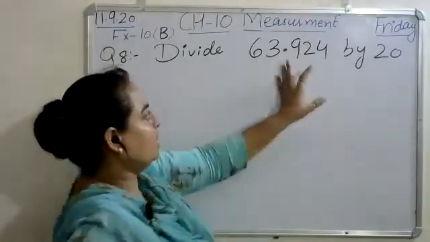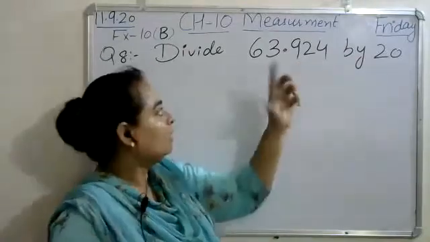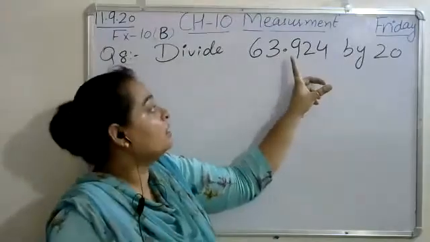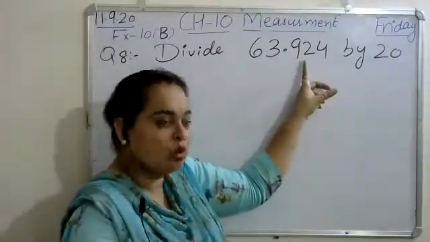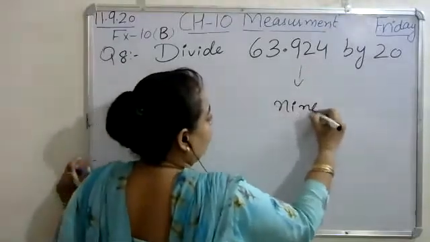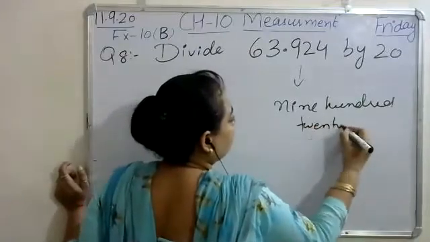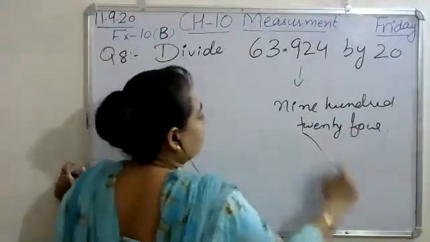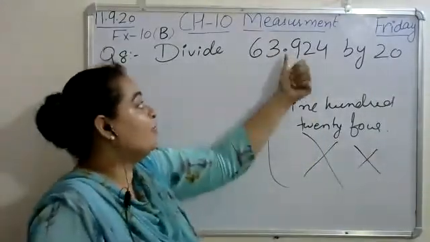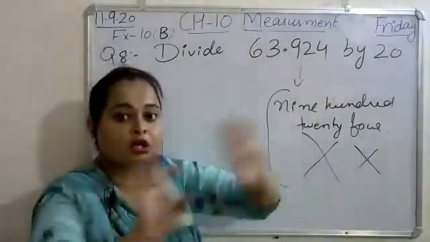If the question is what is the name of this number, then you will write 63.924. And if you write 924, then this is incorrect, wrong. Before the decimal, Indian system; after the decimal, no Indian system.